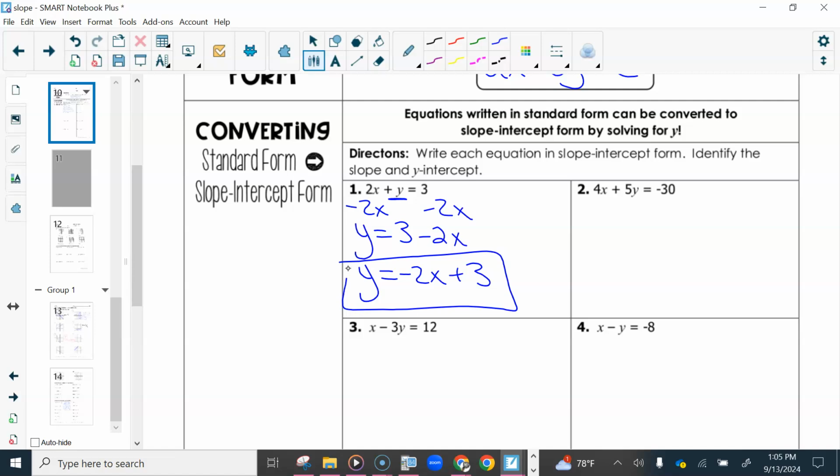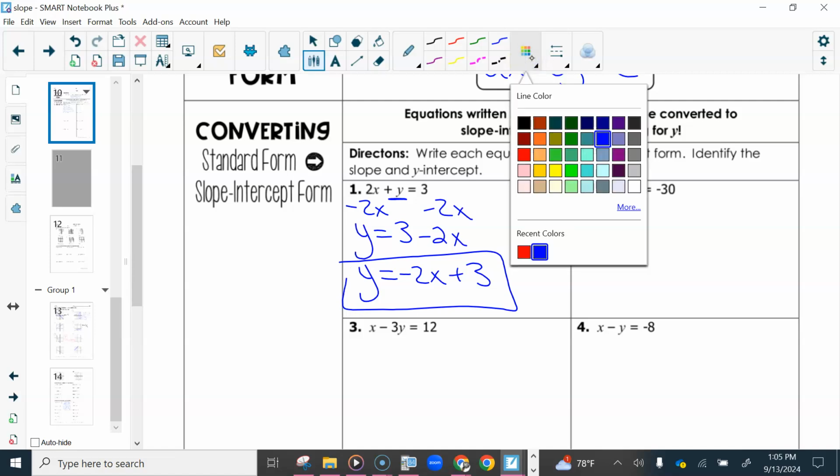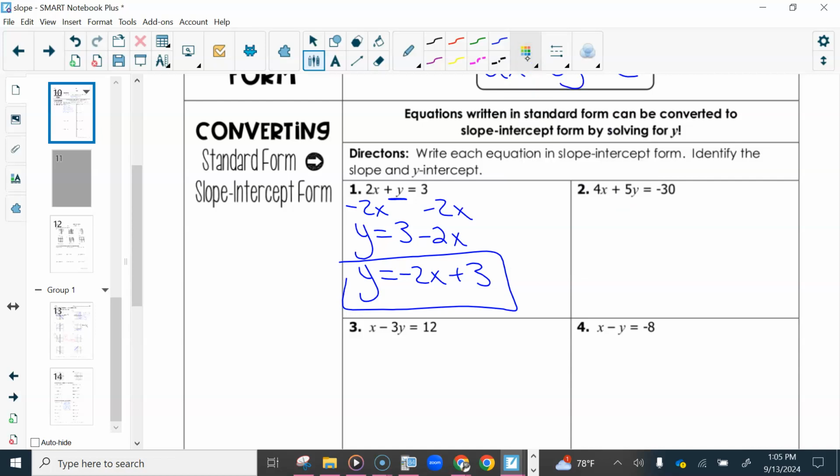Let's do another one. For the most part, all of these are going to start off the same way, subtracting whatever that first term is. So I'm going to subtract that 4x to the other side. So again, I'm just rewriting, not combining like terms. They aren't like terms. And then how would I get y by itself? How would we get rid of the 5? There we go.